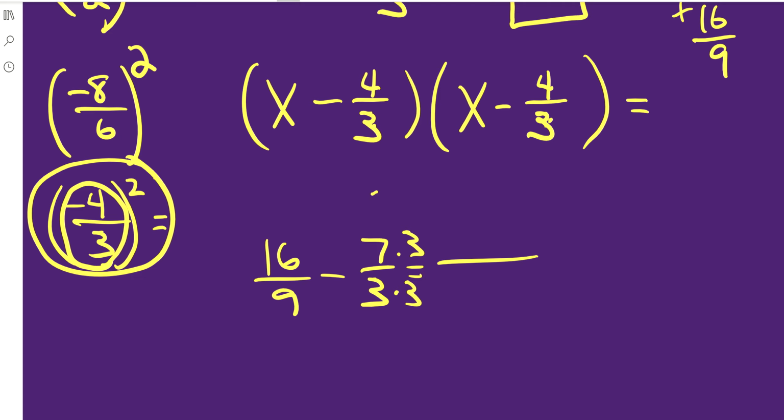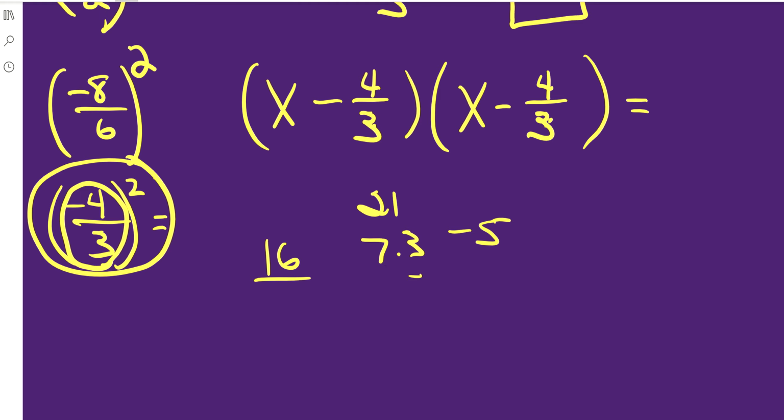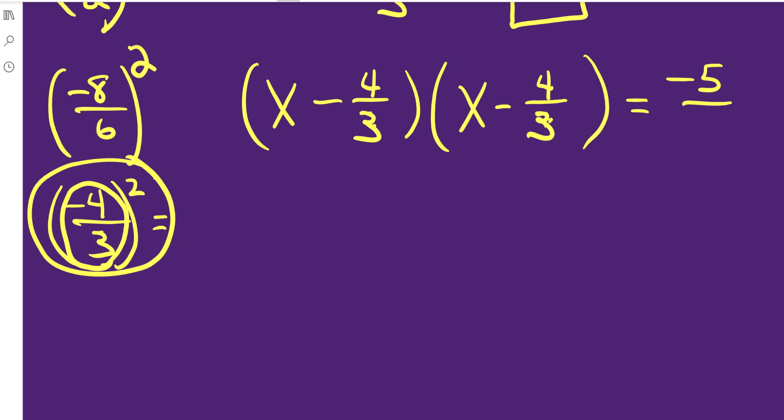So that'll be 21. 16 minus 21 is negative 5 over 9. And that's what this is going to equal over here, which is negative 5 over 9. Let me do some erasing again. Okay, remember that number, negative 5 over 9.